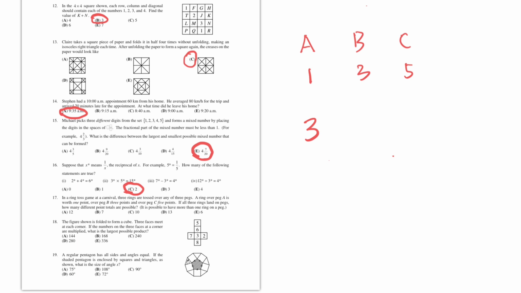If all 3 rings on peg C, that gives us 15. So 3 to 15, because with 3 rings, 3 odd numbers added together can never be an even number.